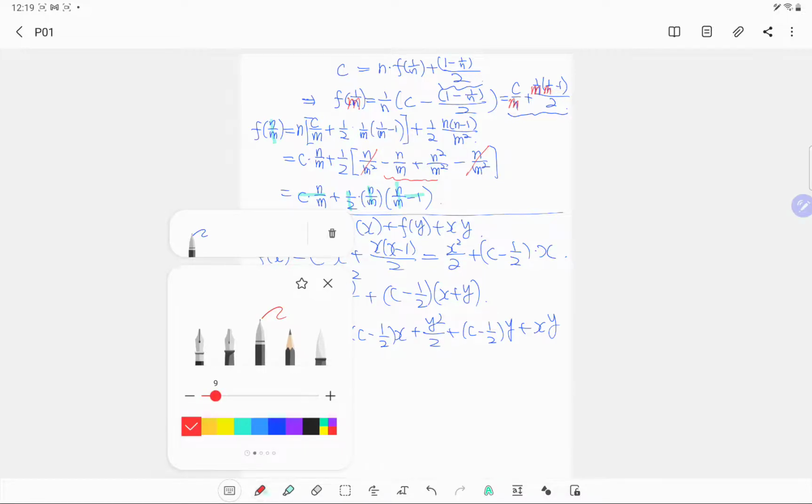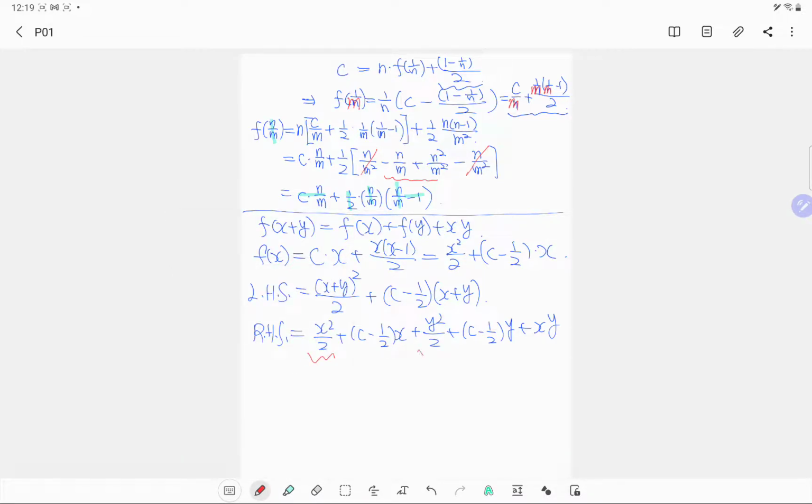So we can have this term and this term become (x plus y) squared over 2. So this one is this one. And then for this term and this term, we can just factor c minus 1/2, and then we will have this x plus y factor.